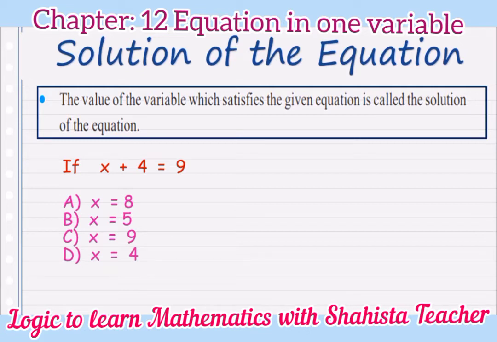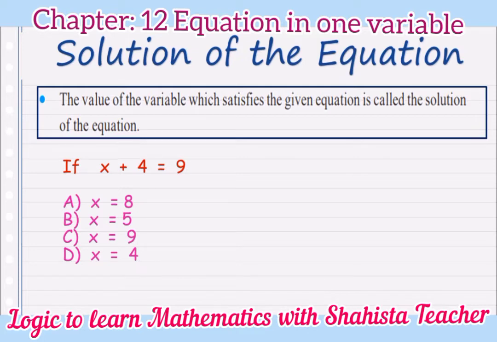But what if we take x is equal to 4? So in the place of x we will put 4. So 4 plus 4 is 8. That 8 is not equal to 9. That means again condition D is not satisfying the solution of the equation.